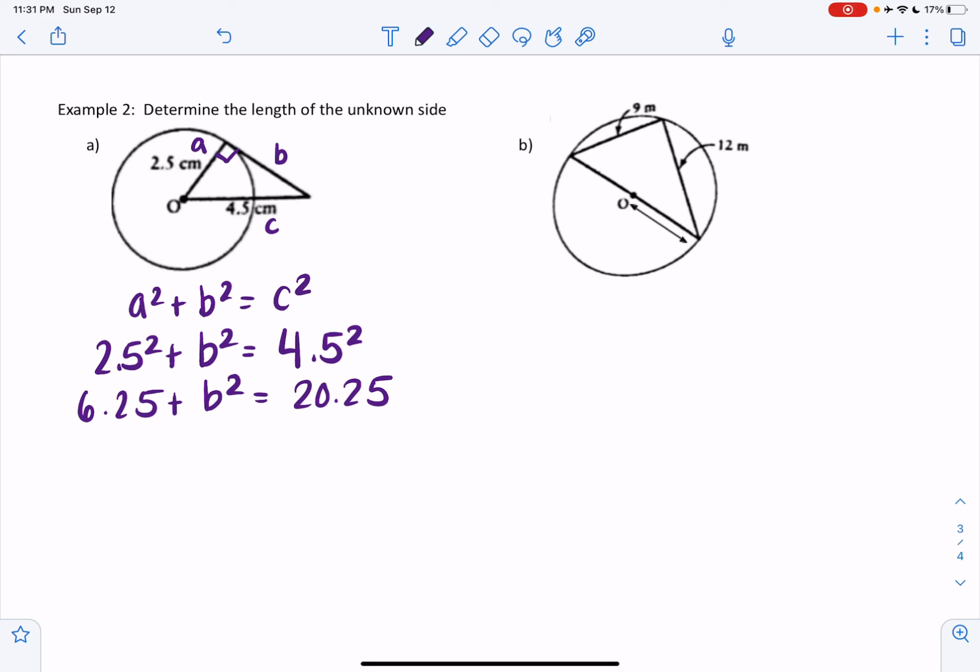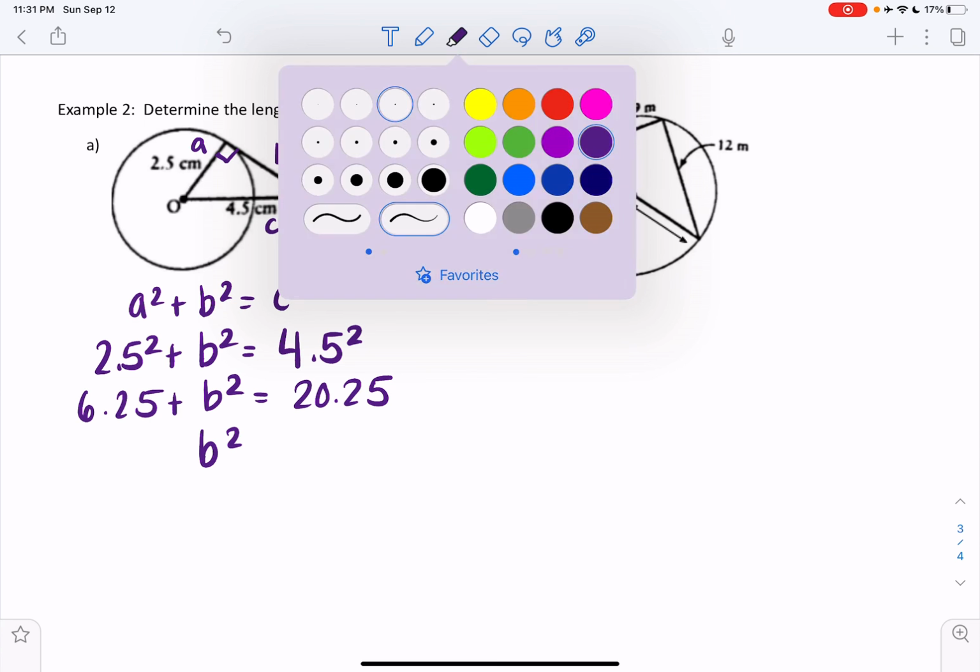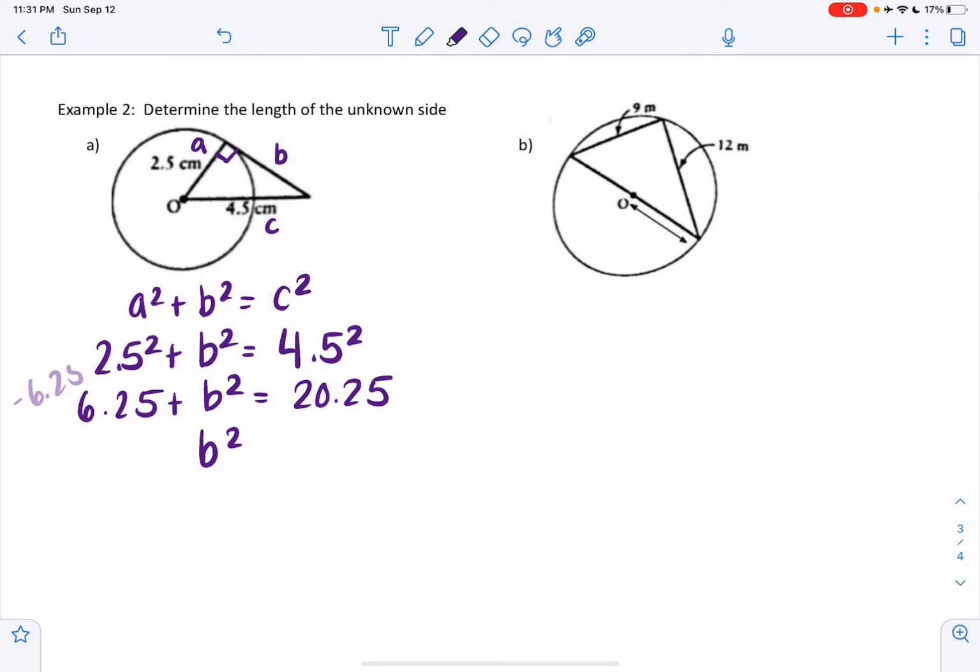Now we want to get that B all by itself, so we have to subtract that 6.25 on either side. That will give us 14. Now remember, we just want B, not B squared, so we have to square root both sides. And that will give us 3.7 centimeters. I'm just rounding to the same decimal place as those decimals in the question.